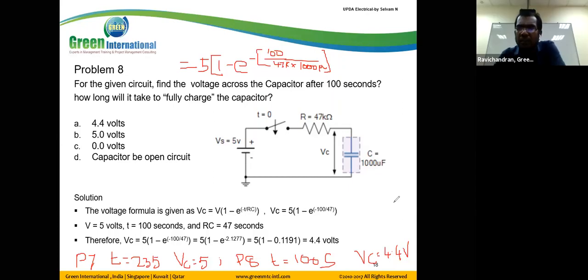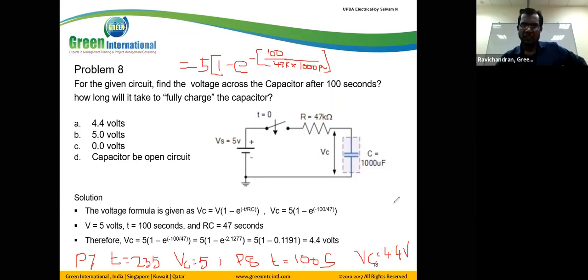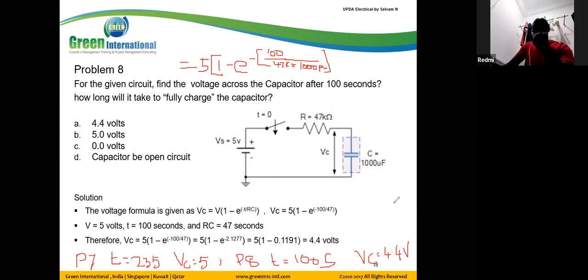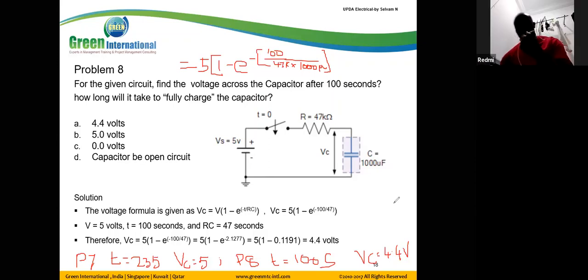For charging, this formula VC equals Vs into 1 minus exponential of minus T over RC. Is that correct? Yes. This is the formula for the charging, and we have a different formula for the discharging. We have two formulas.